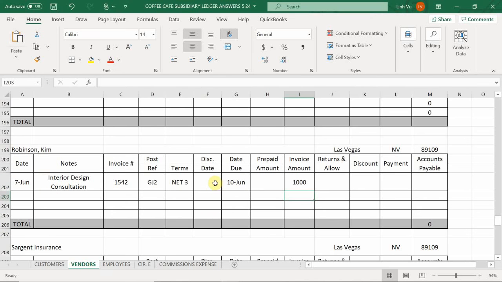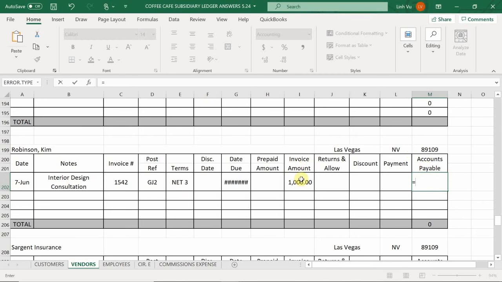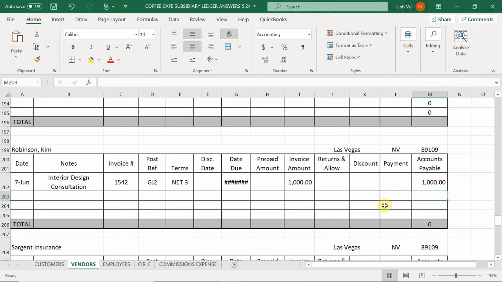So in this case, if I punch in my formula right here, which is going to equal your invoice amount minus any prepaid, minus any returns, minus any discounts, minus any payments, that should give me right now that I owe Kim Robinson $1,000.